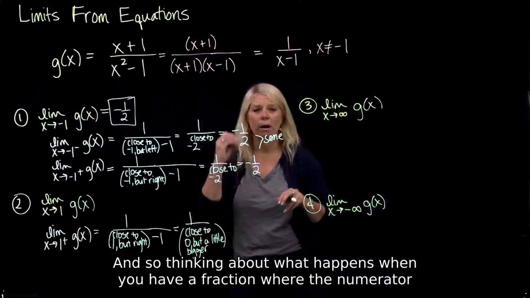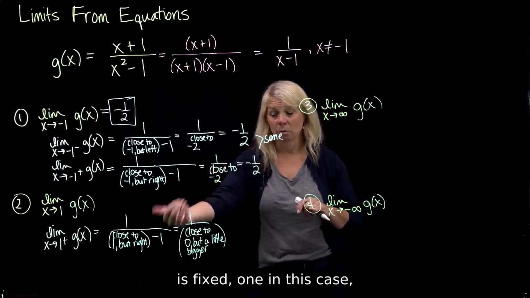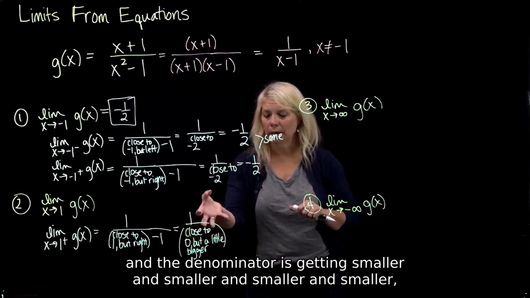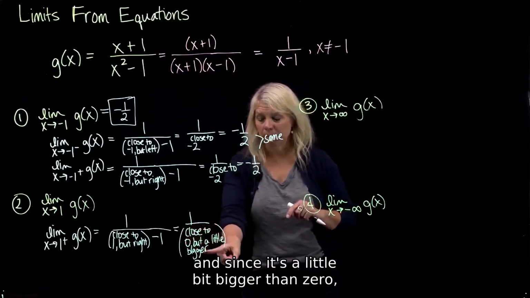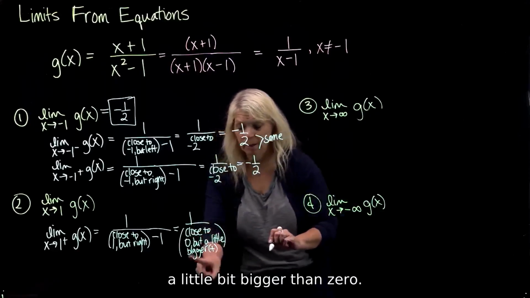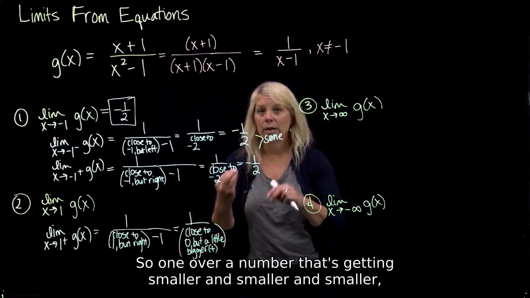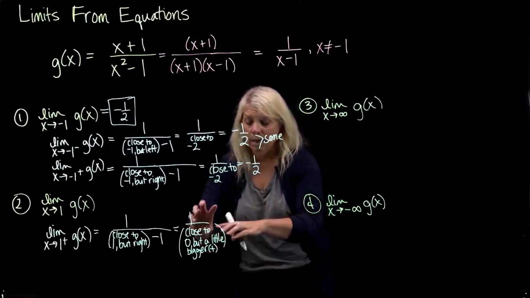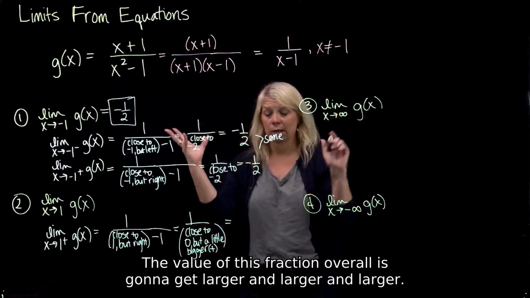And so thinking about what happens when you have a fraction where the numerator is fixed, 1 in this case, and the denominator is getting smaller and smaller. And since it's a little bit bigger than 0, that's going to mean the denominator here is positive. So 1 over a number that's getting smaller and smaller, but positive, closer and closer to 0, the value of this fraction overall is going to get larger and larger.